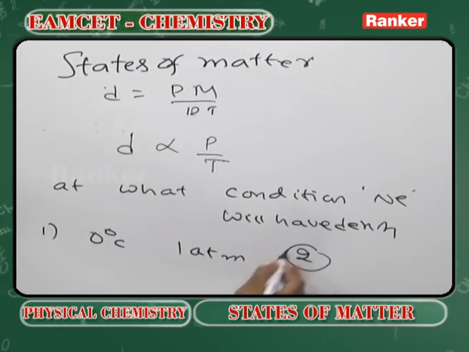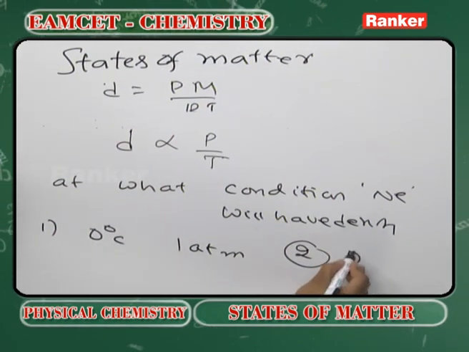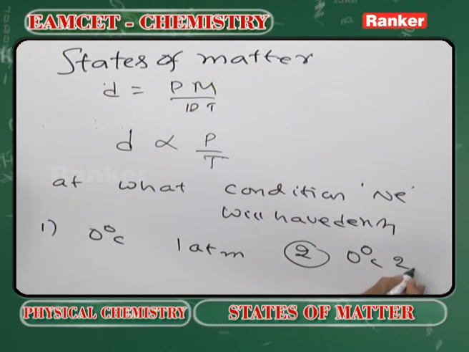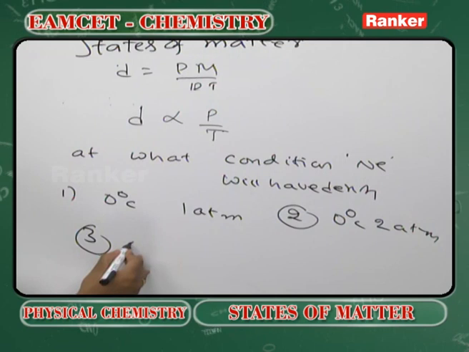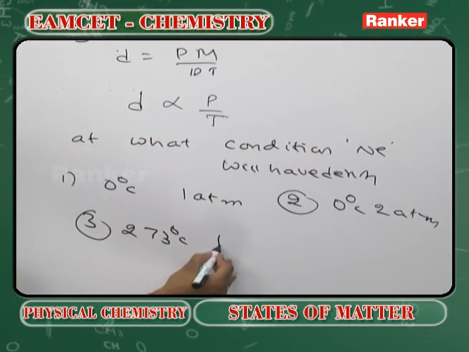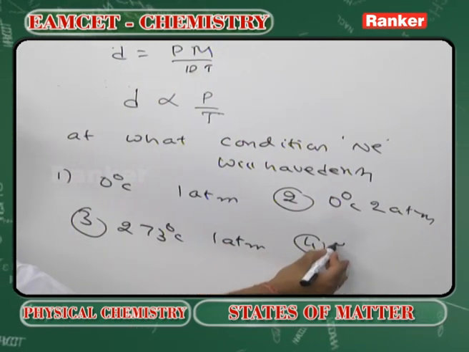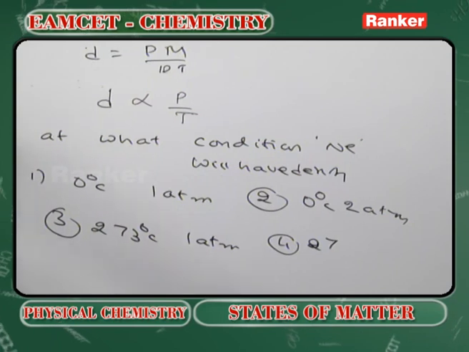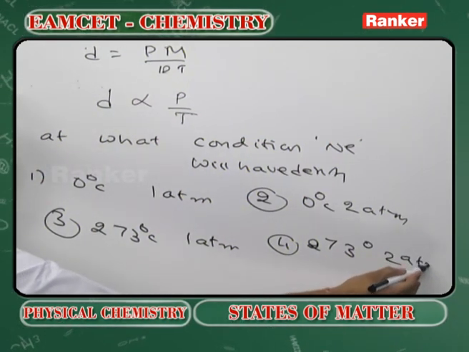Option 2 is 0 degrees centigrade, 2 atmospheres pressure. Option 3 is 273 degrees centigrade, 1 atmosphere pressure. Option 4 is 273 degrees centigrade and 2 atmospheres pressure.